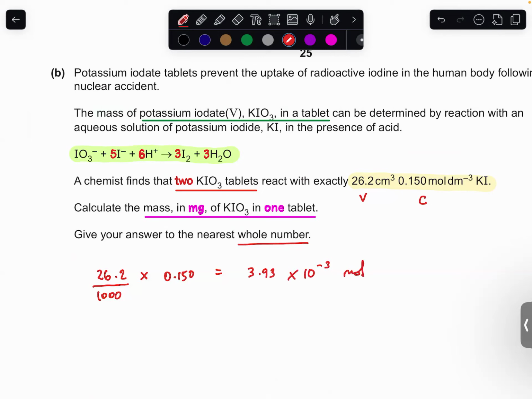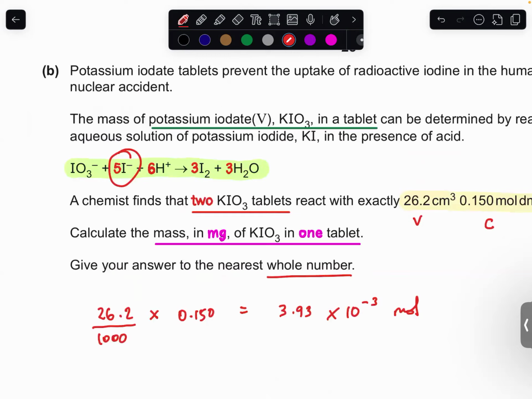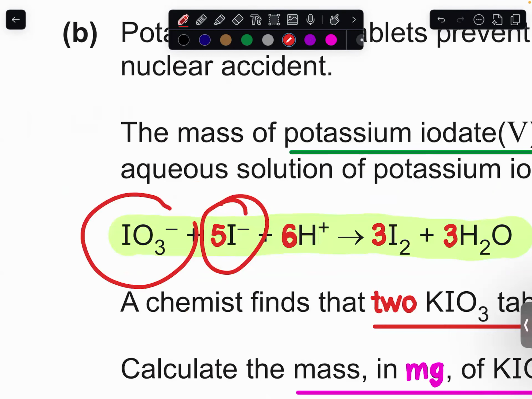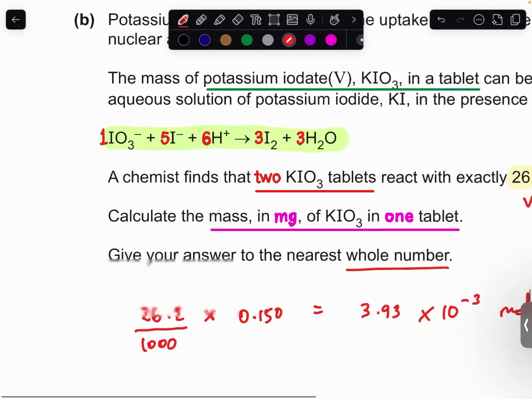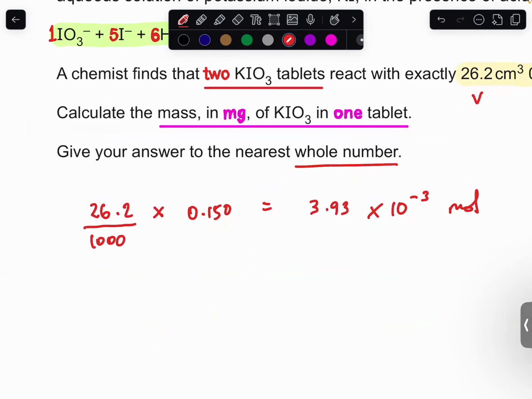What we've worked out here is the moles of iodide. Notice the ratio between the iodate, KIO3, and the iodide ions is a 1:5 ratio. Let's write down the 1:5 ratio. How do you make 5 into 1? You divide it by 5.